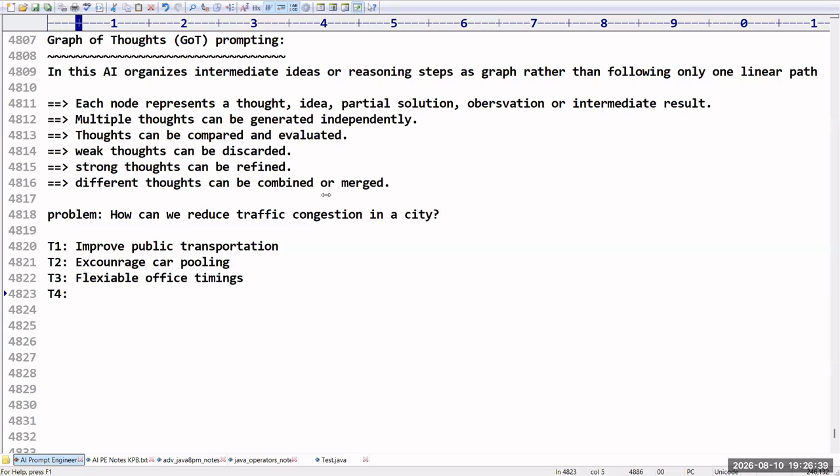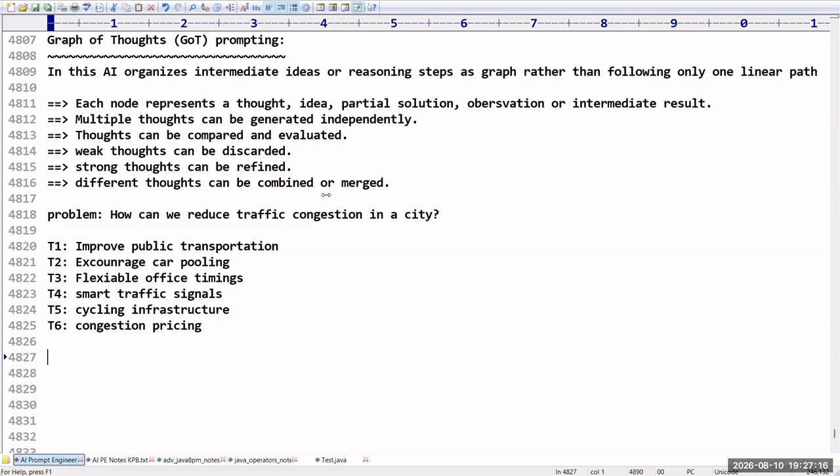Thought four is smart traffic signals. Thought five is cycling infrastructure. Thought six is congestion pricing. Like you have different kinds of thoughts on it. You have to combine all these thoughts for generating a final decision. So this is nothing but the method which we are using in graph of thoughts.